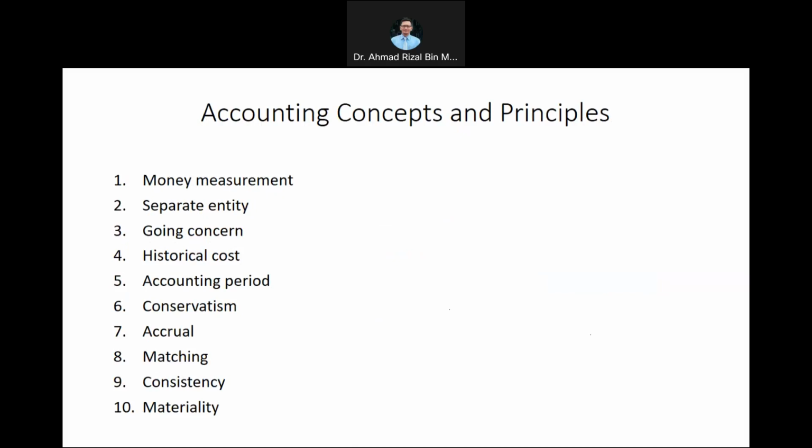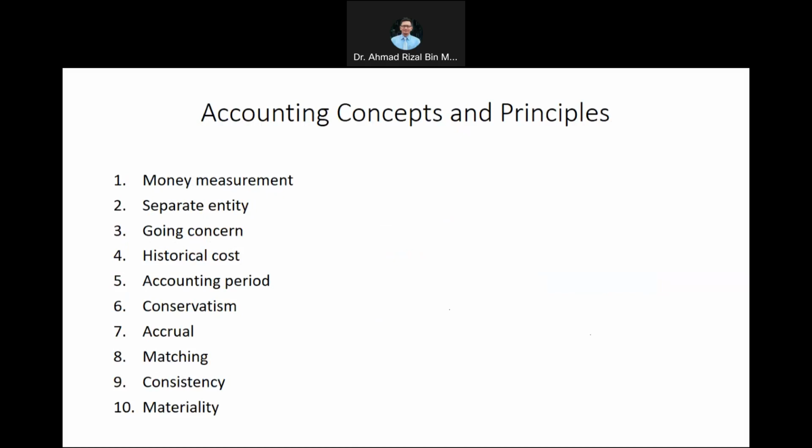Number 6 would be the conservatism concept, where more often than not, any valuation or estimation of financial items must be based on a conservative method.